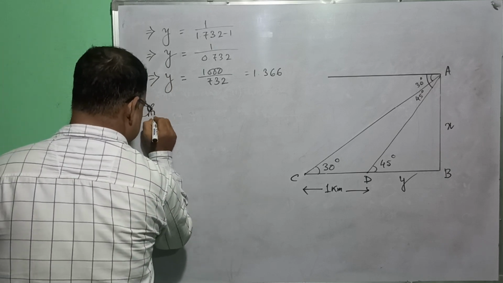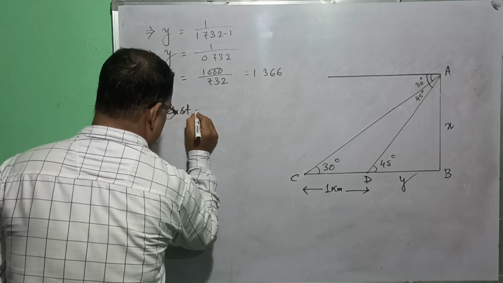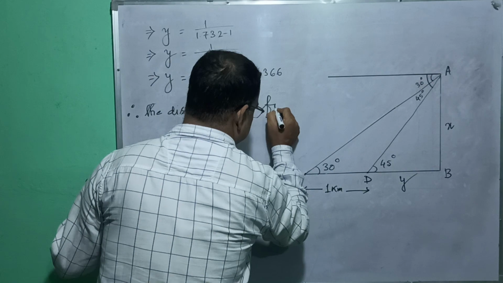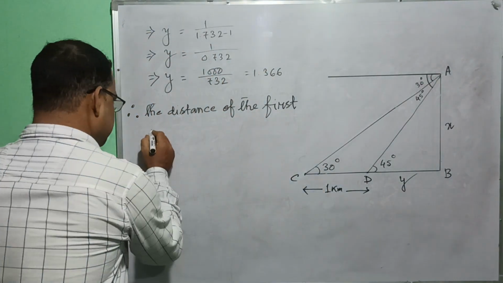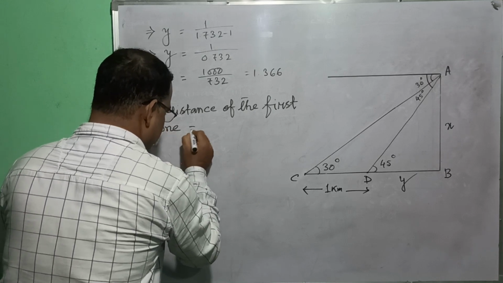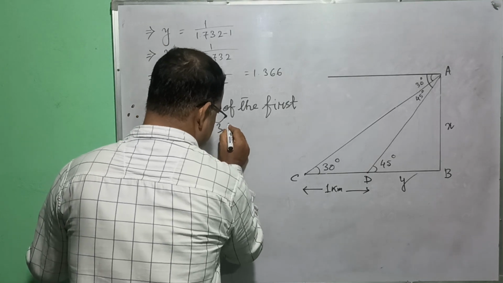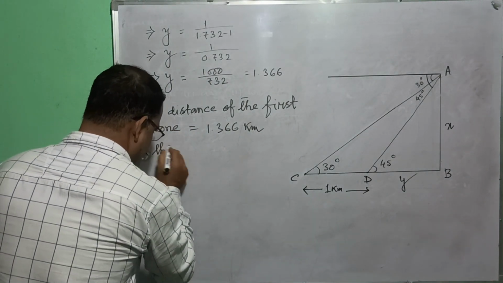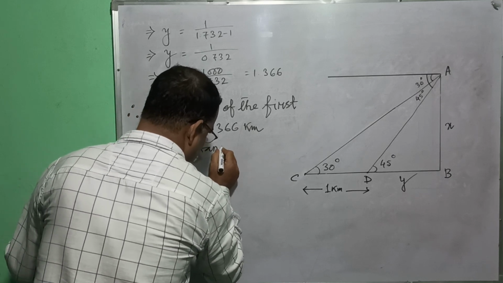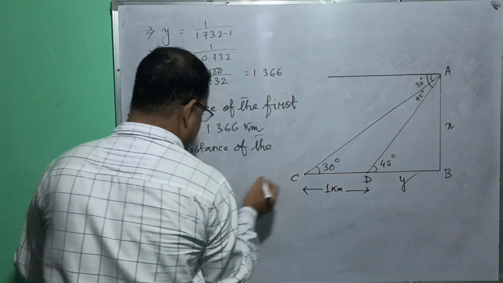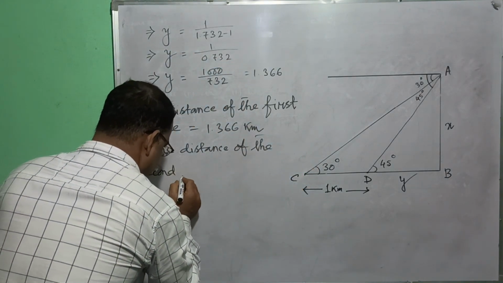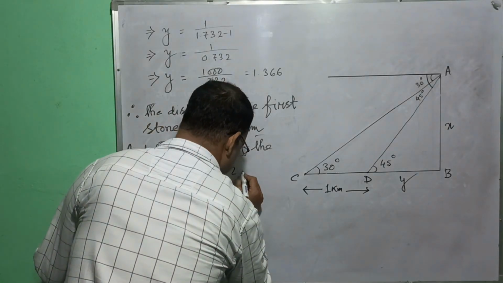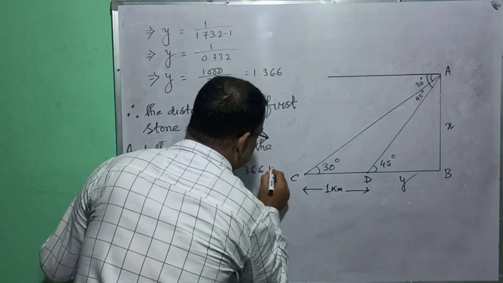Therefore, the distance of the first stone equals 1.366 kilometer, and the distance of the second stone, by adding 1, we get 2.366 kilometer.